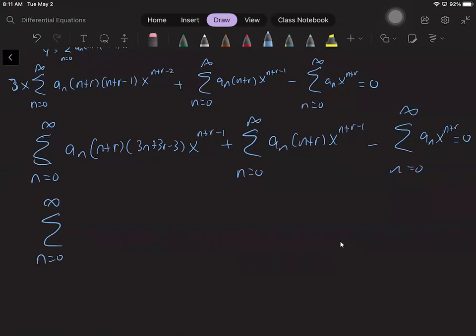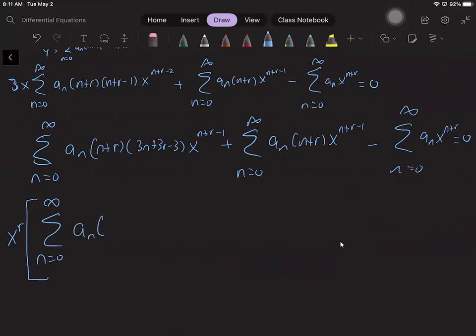And so I'm going to factor out x to the r from all 3. Let me do that first to make things a little bit easier. So x to the r comes out of each one.